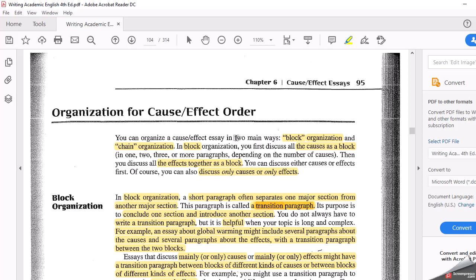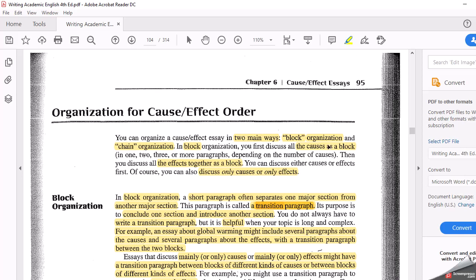Number one is called block organization, and the second one is chain organization. What do we mean by block organization, and what do we do with chain organization? In block organization, you first discuss all the causes as a block.